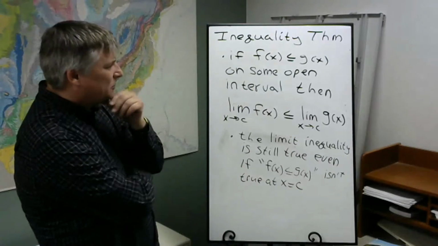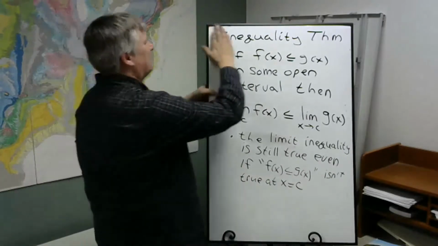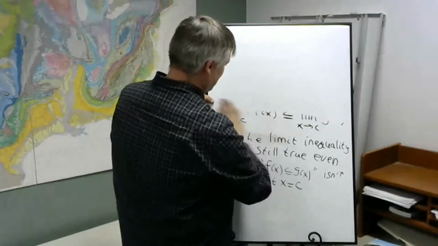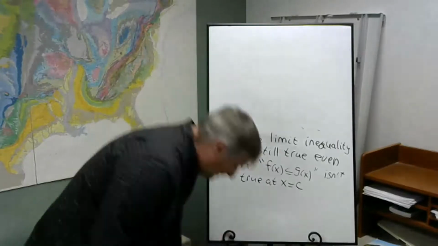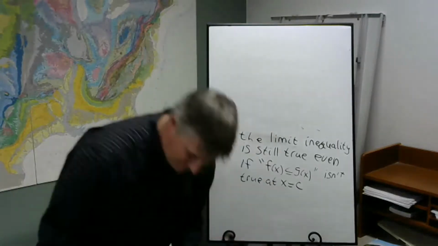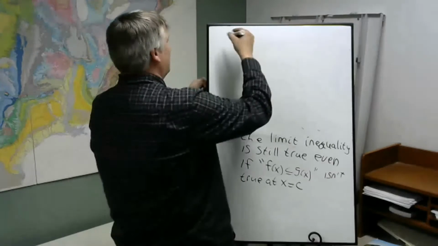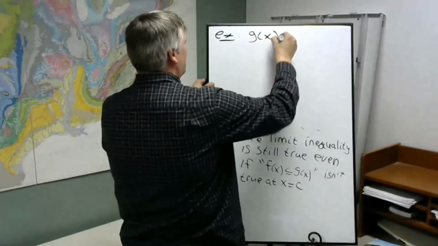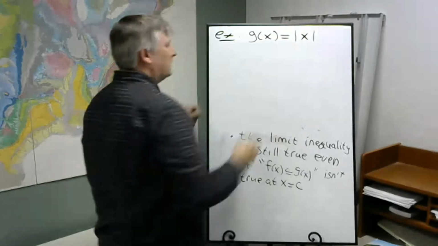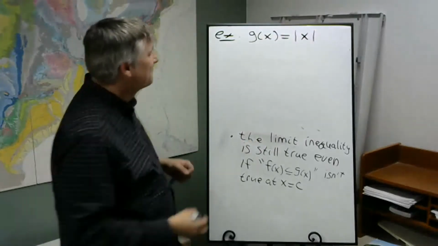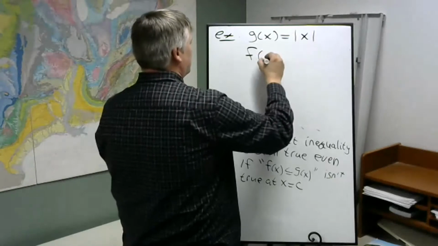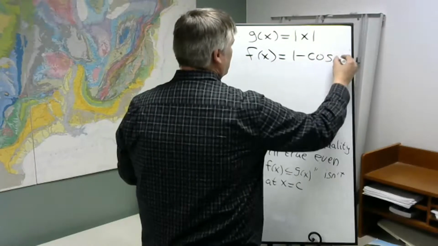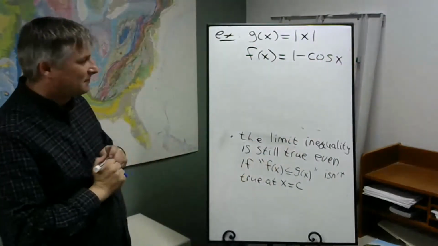The one thing they mentioned in the text, I want to show you an example. Let g of x equal the absolute value of x, and f of x equal 1 minus the cosine of x.